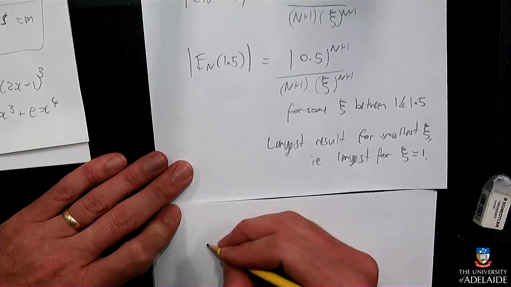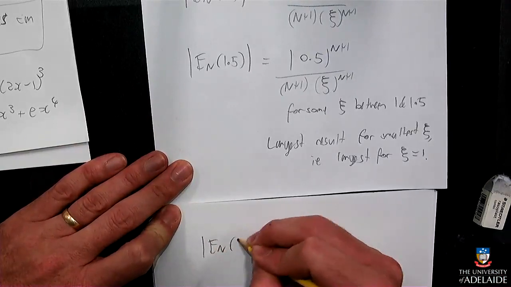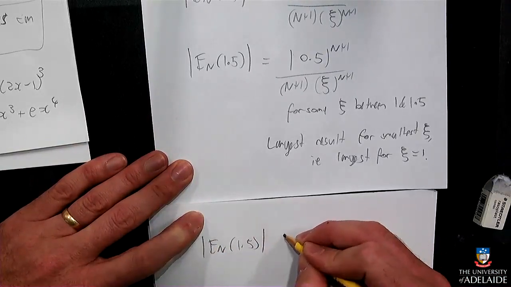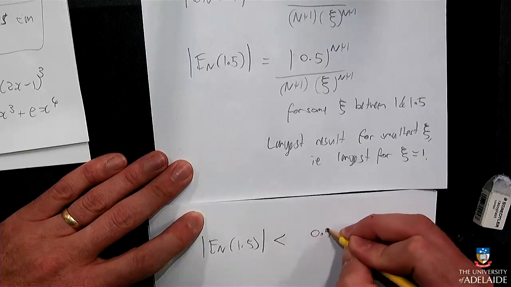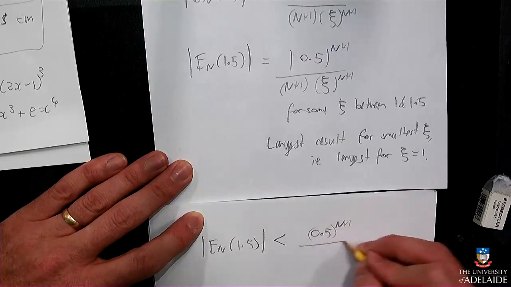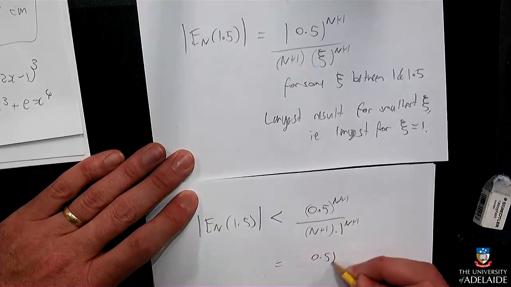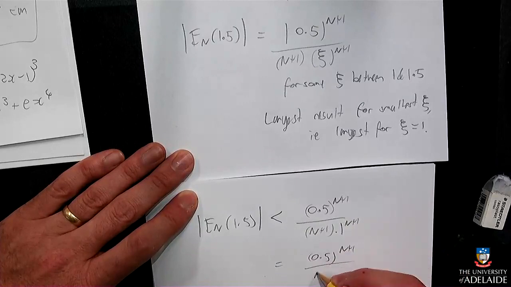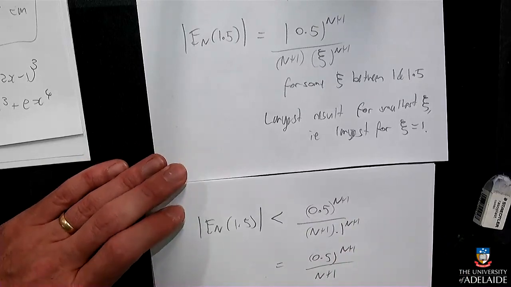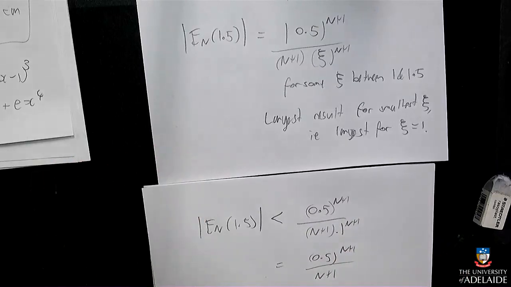And so therefore, the absolute value of the error at 1.5 is less than (1) to the n plus 1.